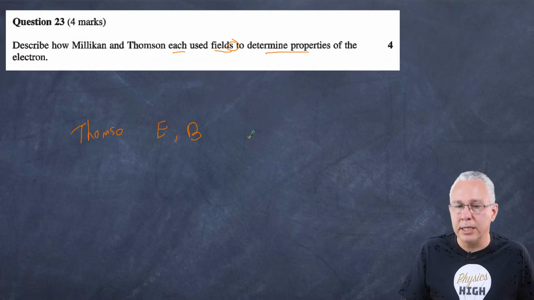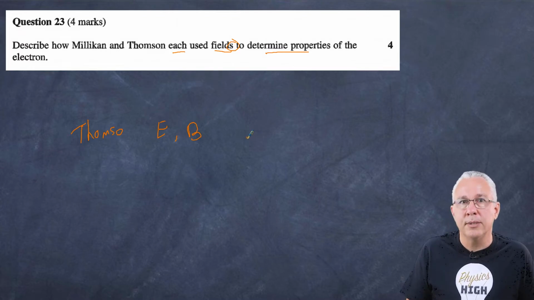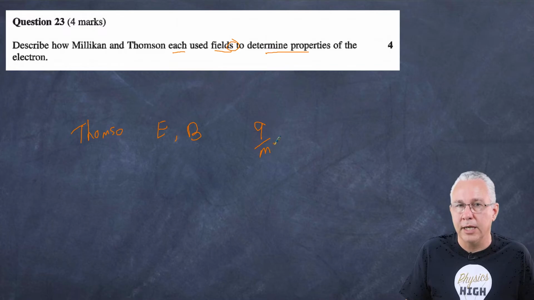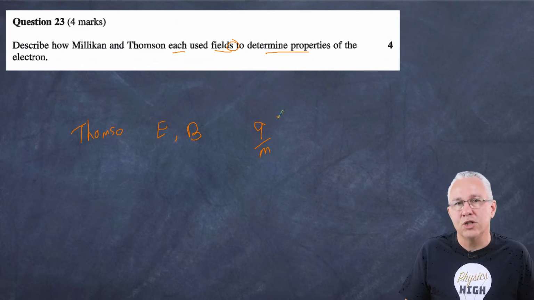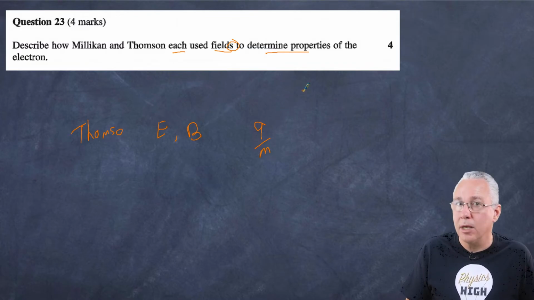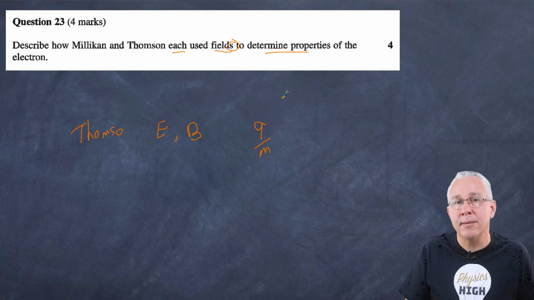Then by just using the magnetic field, he determined that they curved, and as a result determined a really important property, and that is the charge to mass ratio of the electron, which as a result of discovering that it was 1800 times larger than the charge to mass ratio of the smallest known atom, hydrogen, he was able to establish a new particle called the electron.